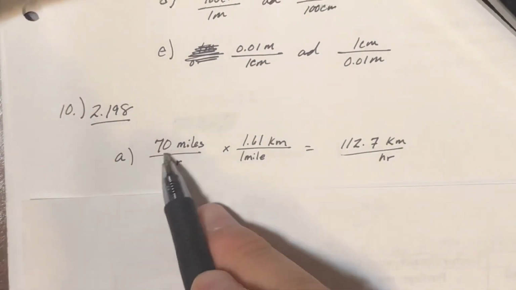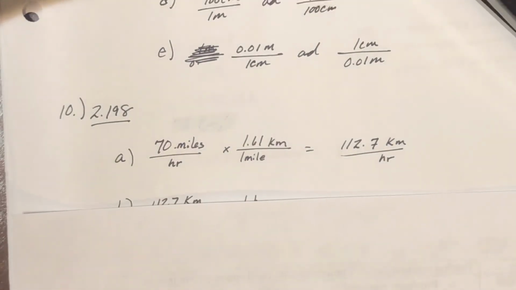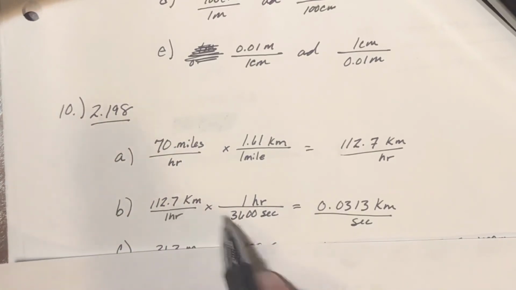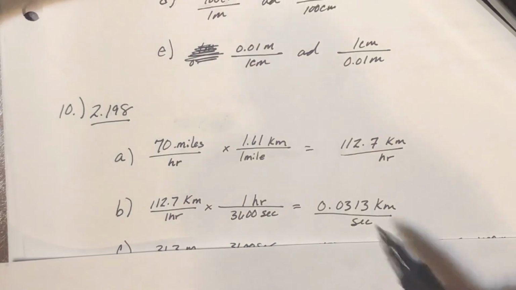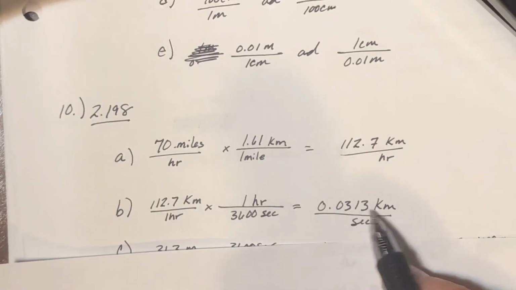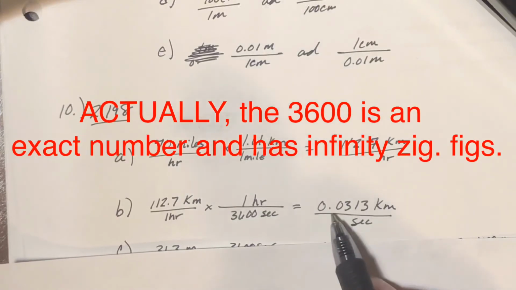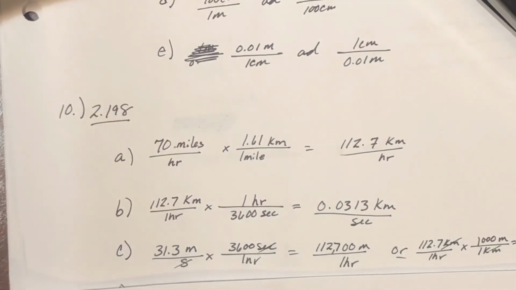So if we put a decimal there, it'd change that, wouldn't it? So we're not worried about significant digits on that one. Okay, 4 significant digits, 2 significant digits, we're going to kind of go on out there, but 0.0313, if you had 0.032, that would be wrong. 0.031, you're good, kilometers per second.